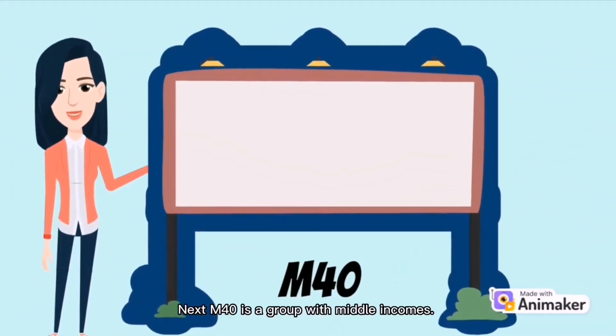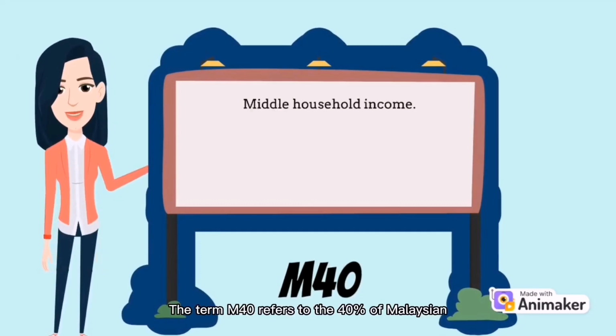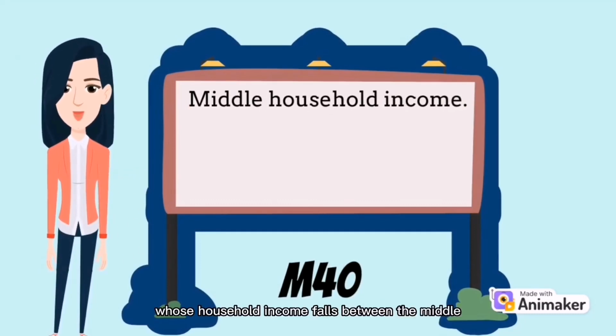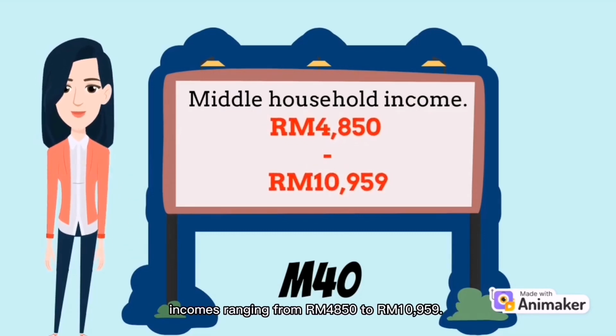Next, M40 is a group with middle incomes. The term M40 refers to the 40% of Malaysians whose household income falls between the middle and lower range middle income. The M40 group consists of households with monthly incomes ranging from RM4,850 to RM10,959.